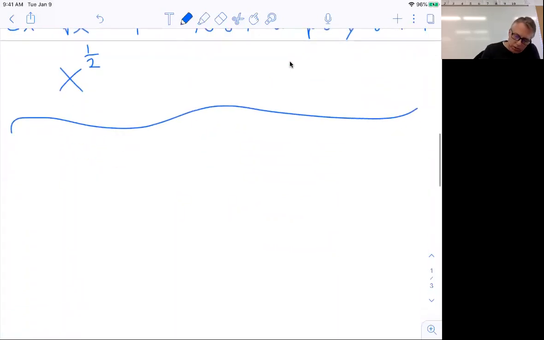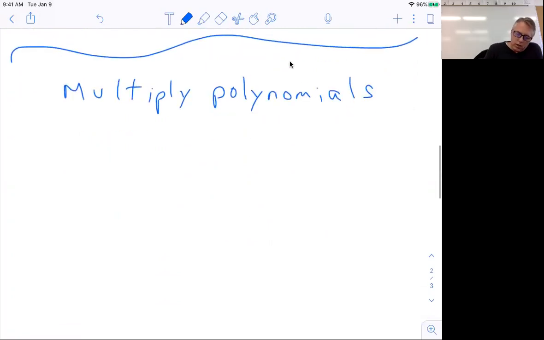So if we wanted to multiply polynomials, well, you guys have been doing this for a while. Sometimes it's better known as FOIL. You did foiling when we did our factoring unit, and you guys have done that in Algebra 1.